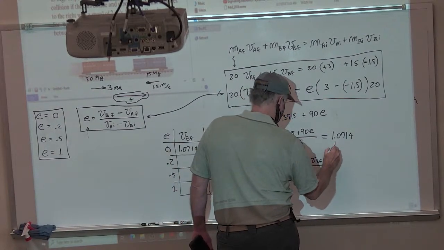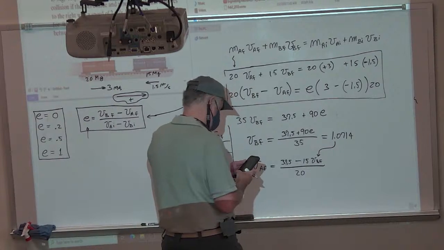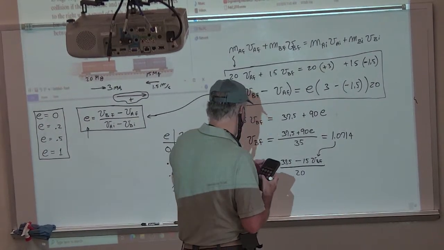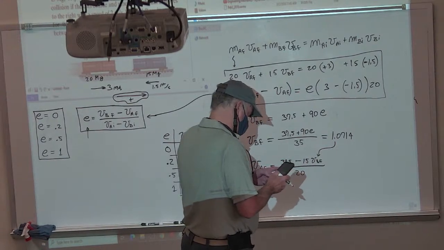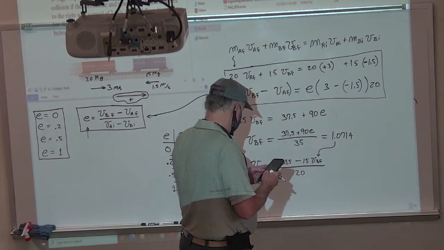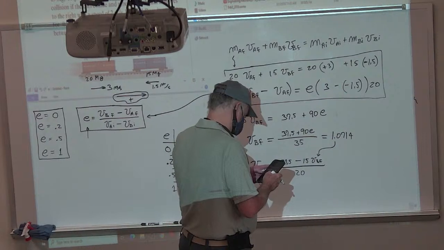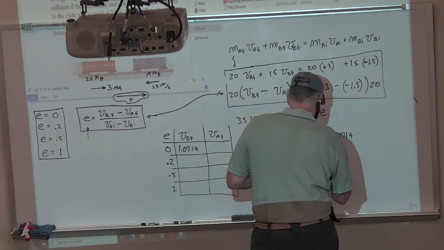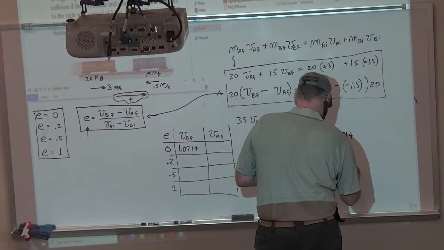So now, if I take this and put it in here, it's still left in my calculator, so I can carry all the digits and multiply it times 15. I think I've made a mistake here. However, I think I haven't. I think it's just a typo.